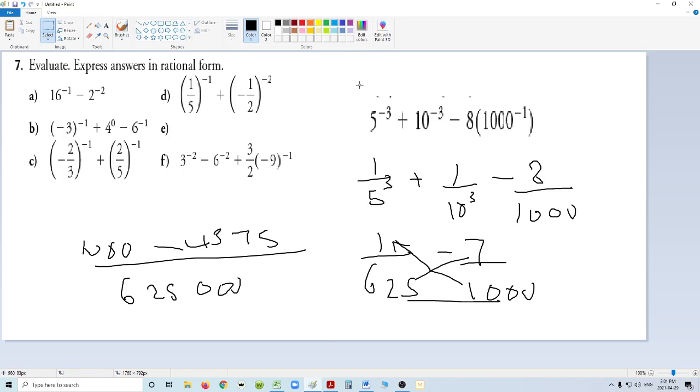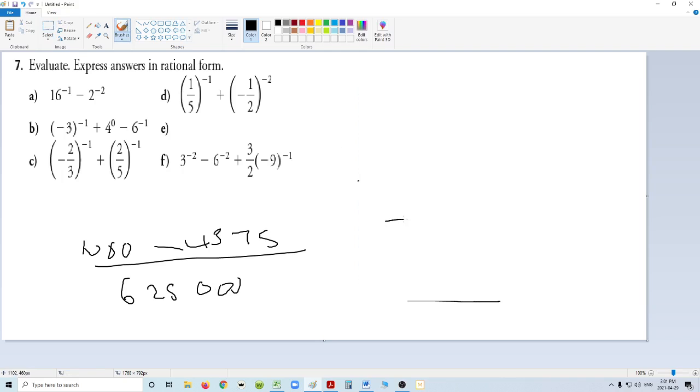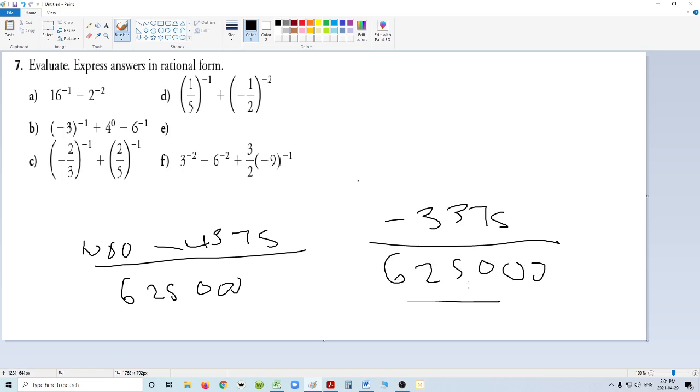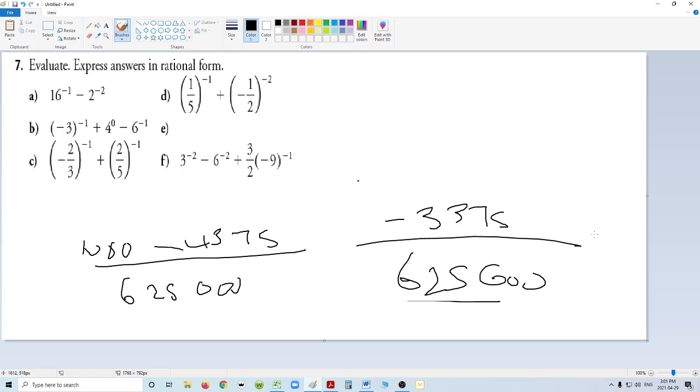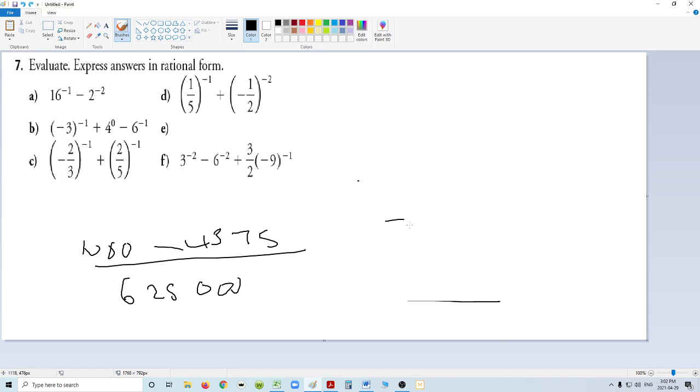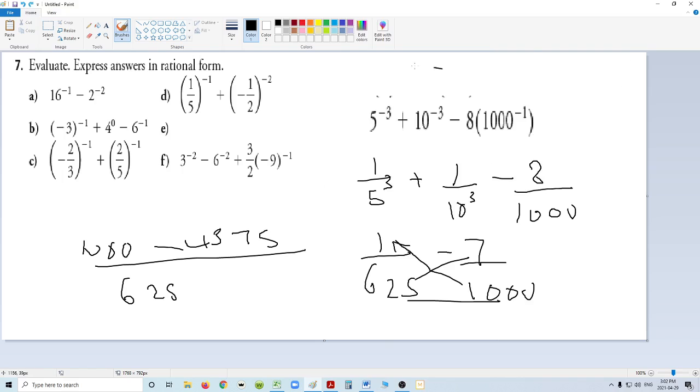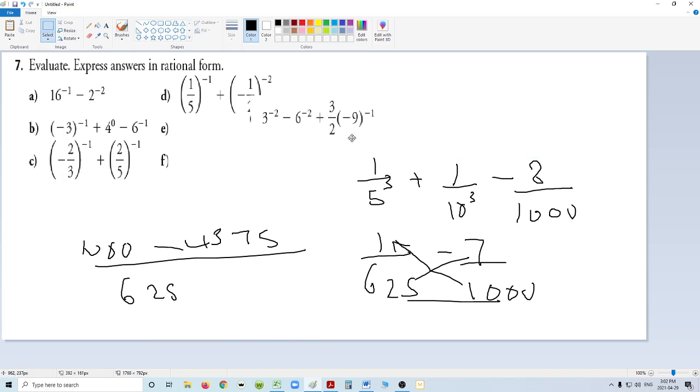And I end up with minus 3,375 over 625,000. Now, clearly they have a 5 in common, and I can keep chipping away like that. I suspect there's an easier way of finding it. However, this is a totally legitimate answer, and I could stop here. Not sure if that's what they're going for, but in any case, that's the one that screws it up. And this one's the same thing.